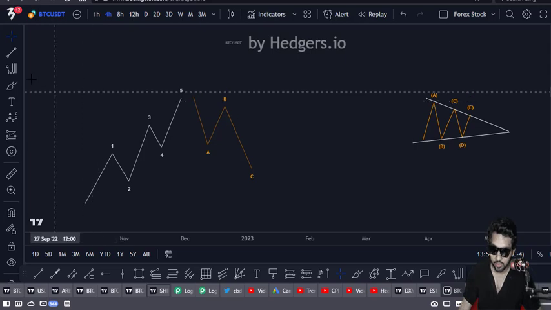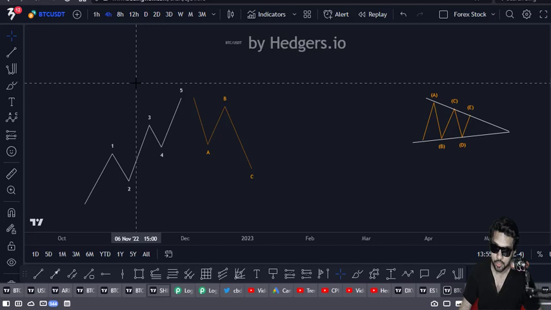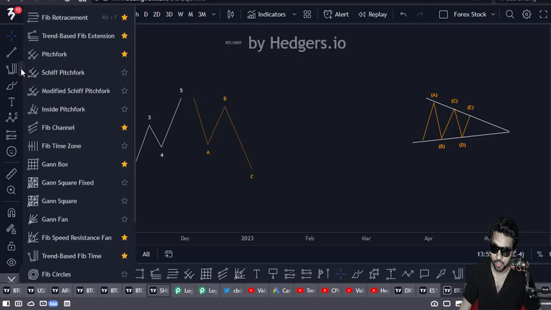let's start. First of all, what tools are required to start the Elliott wave analysis? The two most important tools you're gonna be using are Fibonacci retracement and trend-based Fibonacci extension.